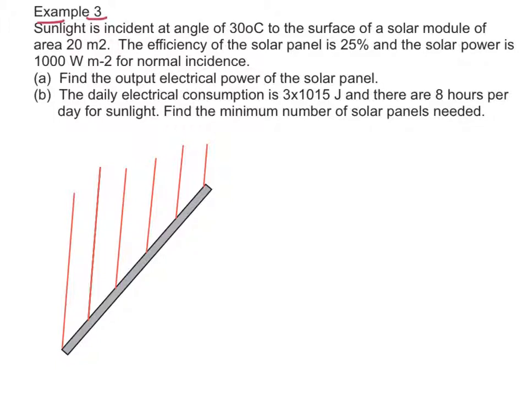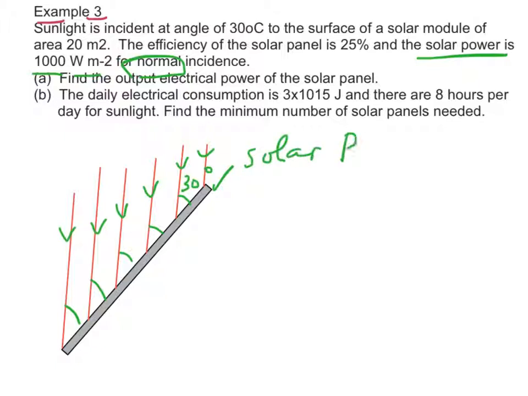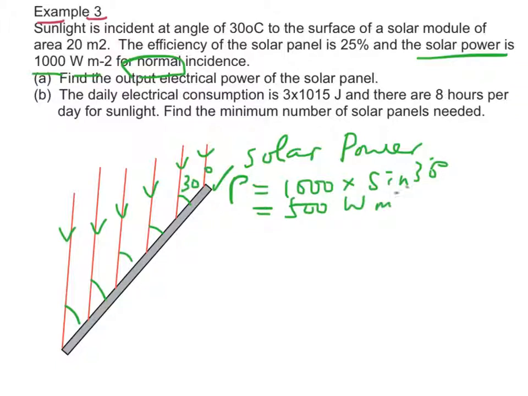Example 3. Since the solar power is 1000 watts per meter squared for normal incidence, in this case we have the solar power P equal to 1000 times sine 30 degrees, which is equal to 500 watts per meter squared only.